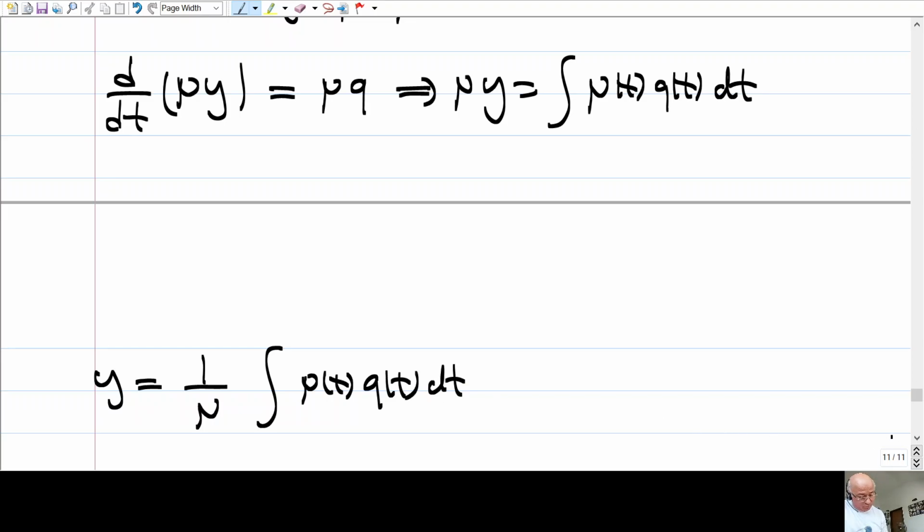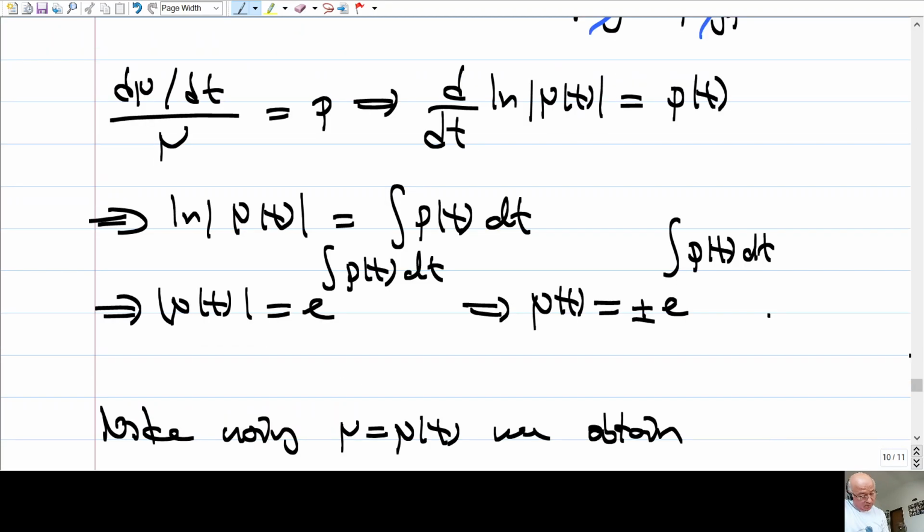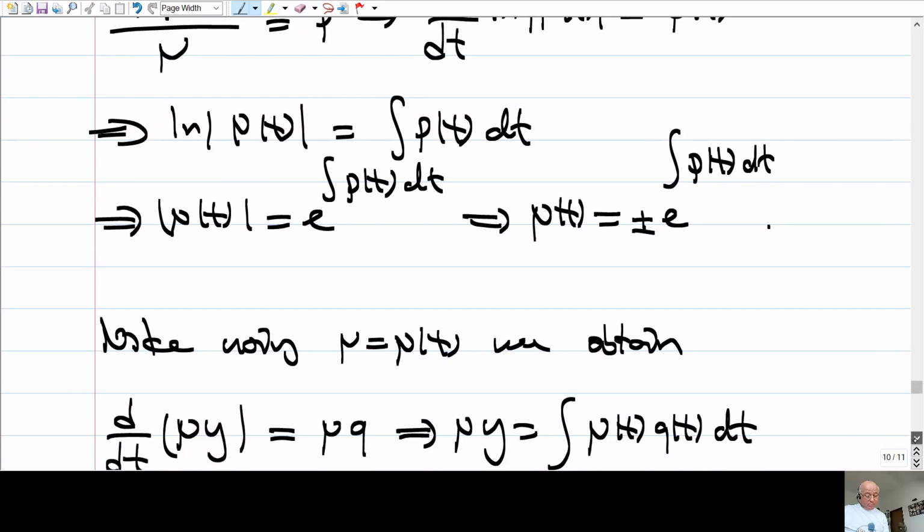And mu was e to the power integral of p(t). Well, which one should I take, plus or minus? It doesn't matter. All I want is just one integrating factor, so why not choose the plus one?